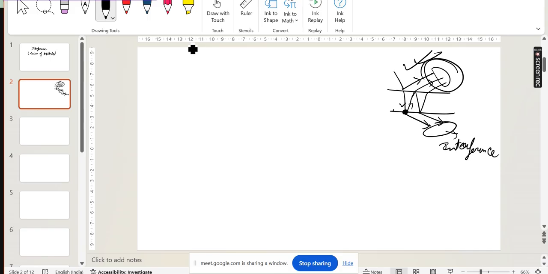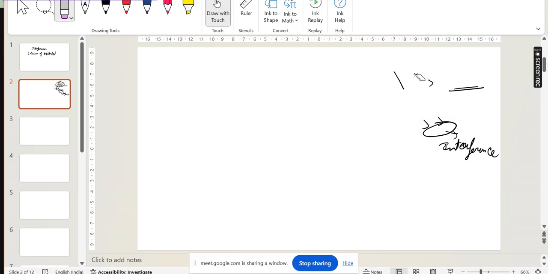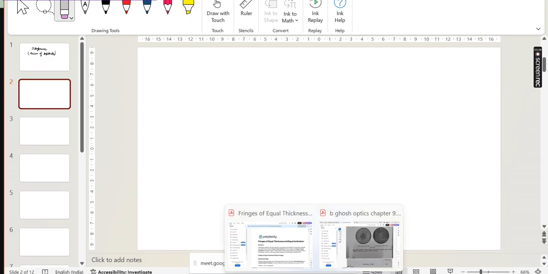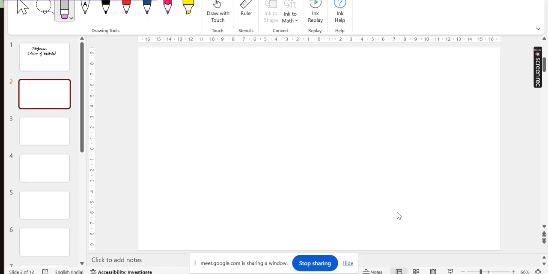So in the class, we first start with thin film double beam interference.